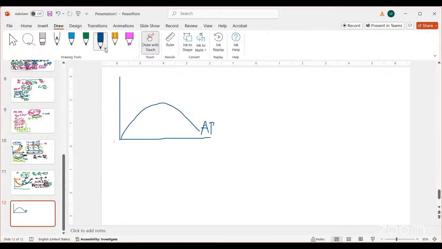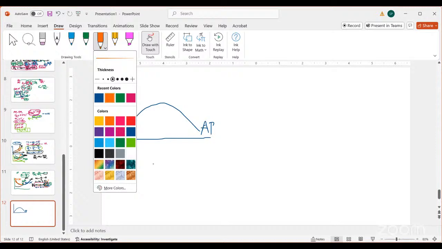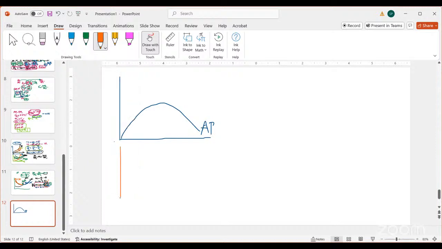And on the cost side, you saw that the average cost curve goes like this, like a mirror reflection.